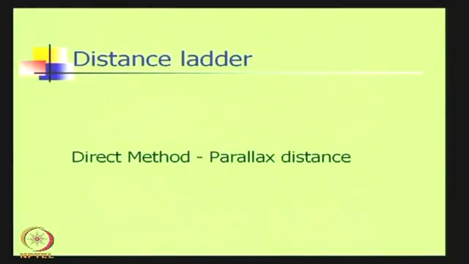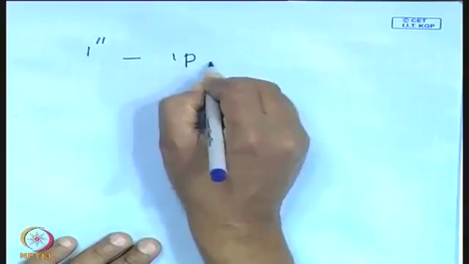I also told you that this is restricted because the atmosphere of the earth restricts the angular resolution, and thereby you are restricted in determining distances because you need to determine the parallax. A parallax of 1 arc second corresponds to 1 parsec, and you are restricted to a fraction of an arc second on the earth.